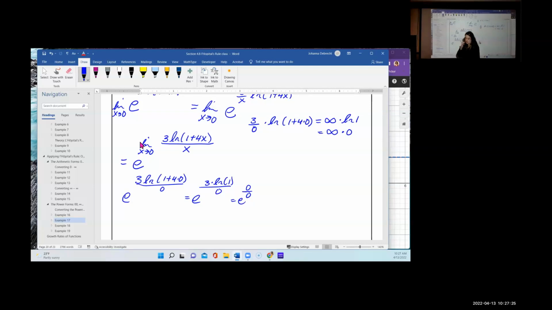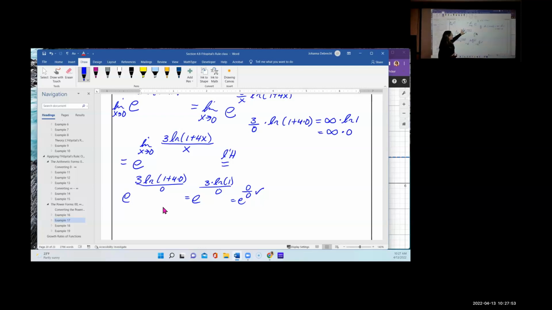Actually, it's e raised to that power. But the limit is in the power, so the form of the limit is 0 over 0, so we can apply L'Hopital's rule. So now we're going to apply L'Hopital's rule. The 3 is a constant. The 3 could be brought out of the entire limit and put in front of the limit if you want, or you can just leave it tagging along as a coefficient.